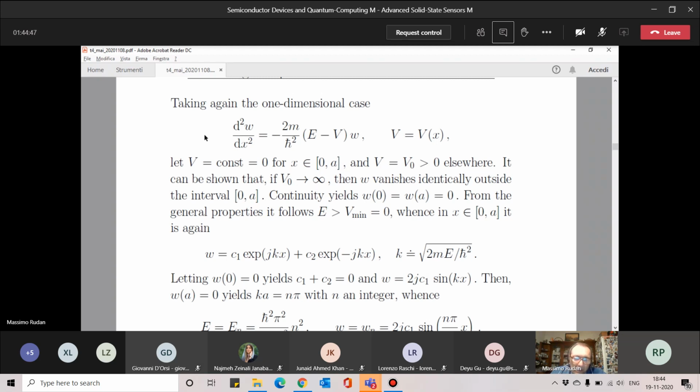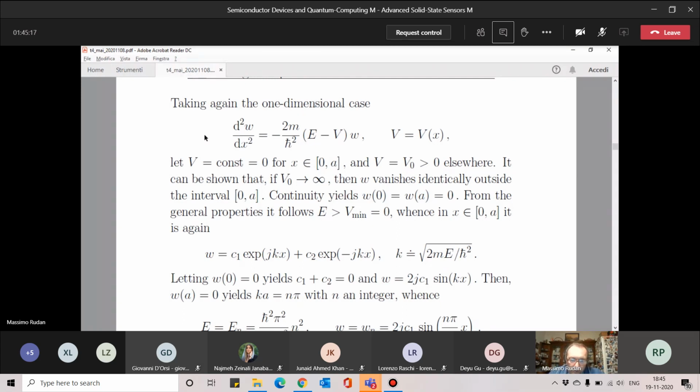Since the wave function is non-zero only in a finite volume, or interval in this case, we may expect that we shall be able to normalize the wave function, because we expect that the integral of the wave function over a finite interval is finite, okay? So let's proceed now to the solution.